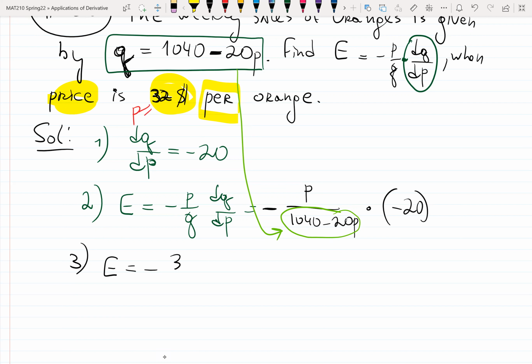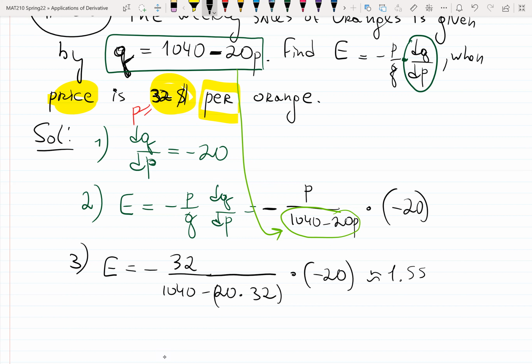Why did I say 30? 32. So 1040 minus 20 times 32, times minus 20, like so. Calculate whatever it is. I have the exact answer in my notes. Approximately it is 1.55.